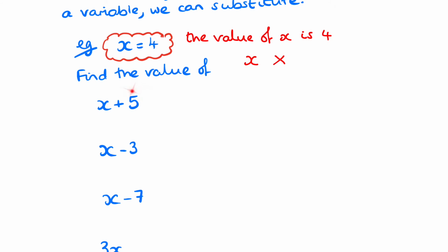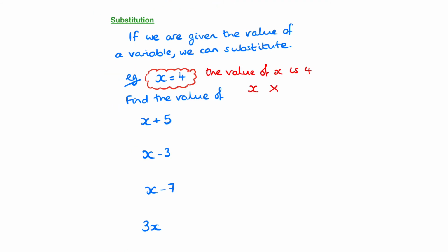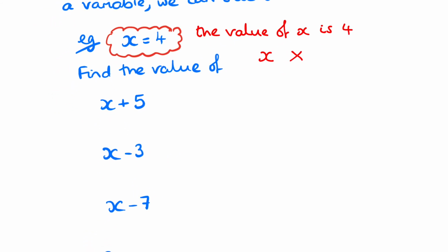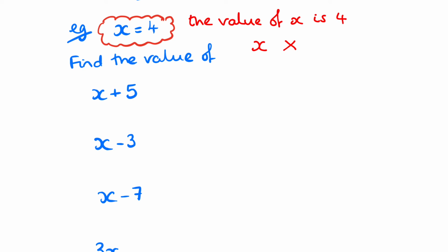So if we need to find the value of this expression here, x add 5, we know that x is worth 4. So we can swap out the x for 4. So instead of being x add 5, what we're actually working out is 4 add 5, because this x here is worth 4. So 4 add 5 is 9.